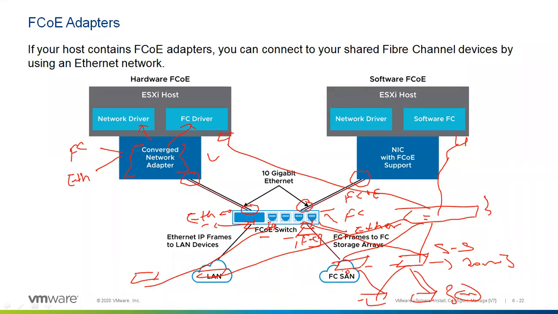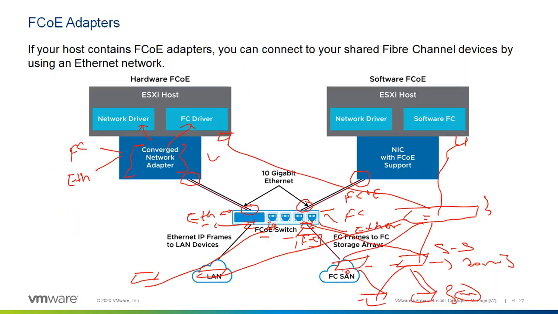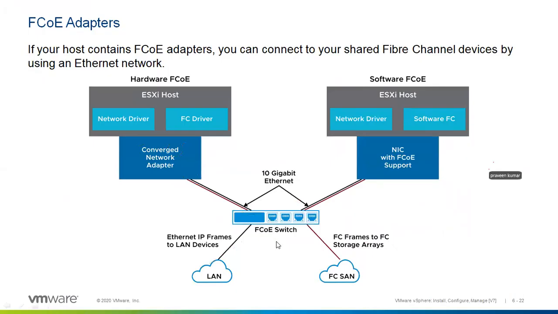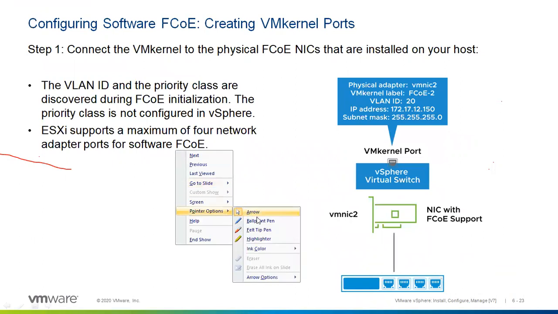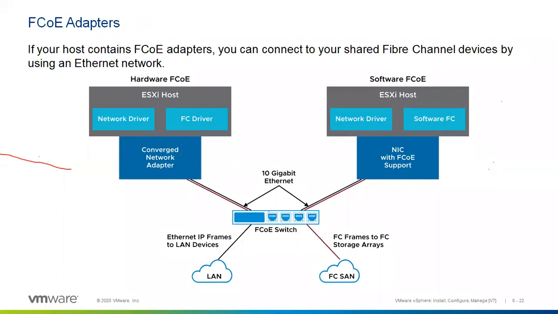So any live example of it? If you would like to take a live example of where we use it, have you heard about Cisco UCS? Anyone? Cisco UCS is a kind of hardware server.